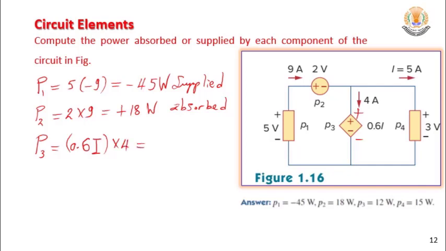So we'll get 0.6 times I. Where is I? 5 ampere times 4. So the end result will be plus 12. Do you agree?